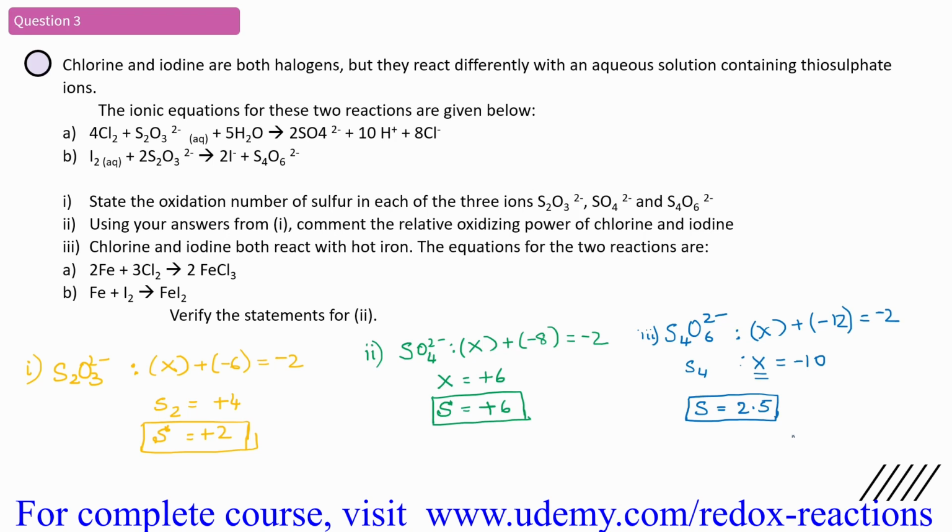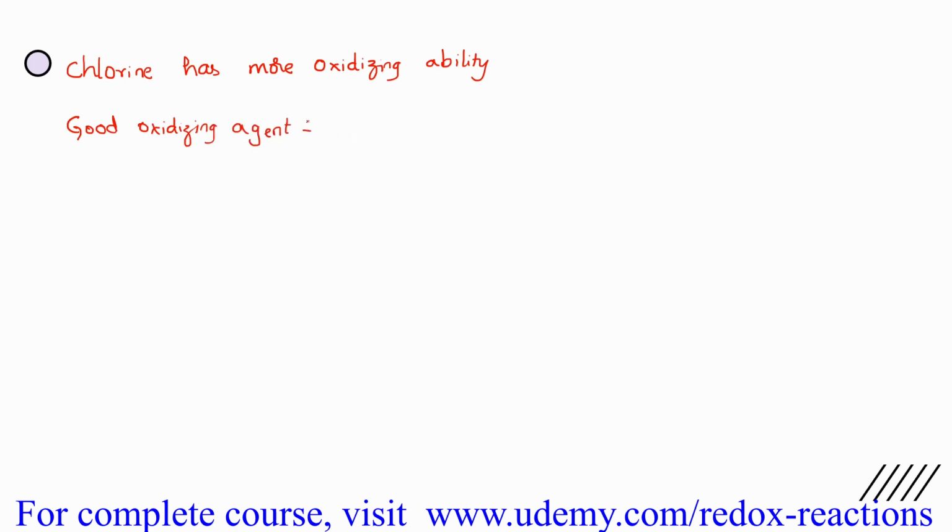Now with this, we need to find out the oxidizing power of chlorine and iodine. When we compare the oxidizing ability of chlorine and iodine, we see that chlorine has more oxidizing ability than iodine. That is because of a few factors. A good oxidizing agent is one which has a large affinity for electrons.